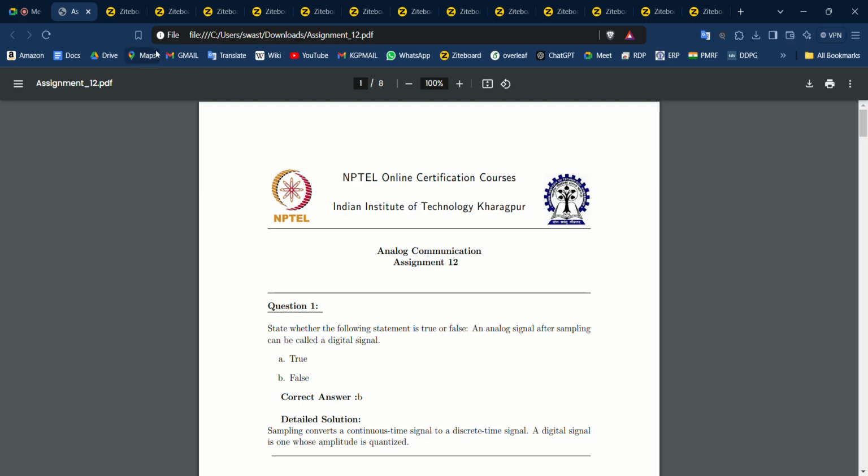So here there is a cool distinction between discrete time and continuous time signals, and analog and digital signals. The difference between a discrete time and a continuous time signal is that a discrete time signal looks like this, and a continuous time signal looks like this. This is a continuous time signal. Why?